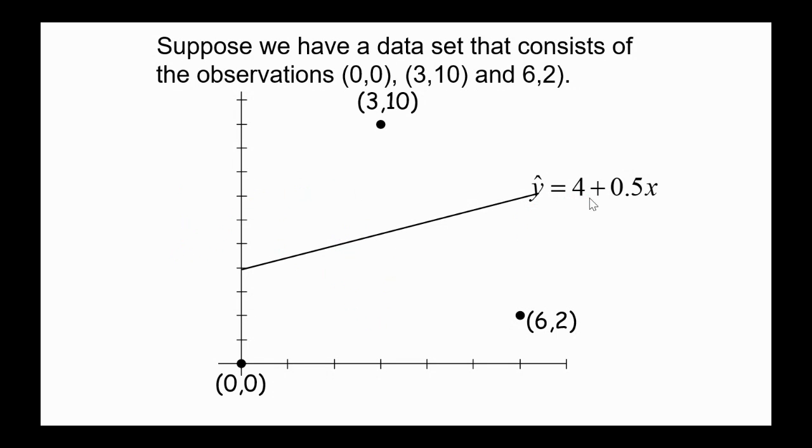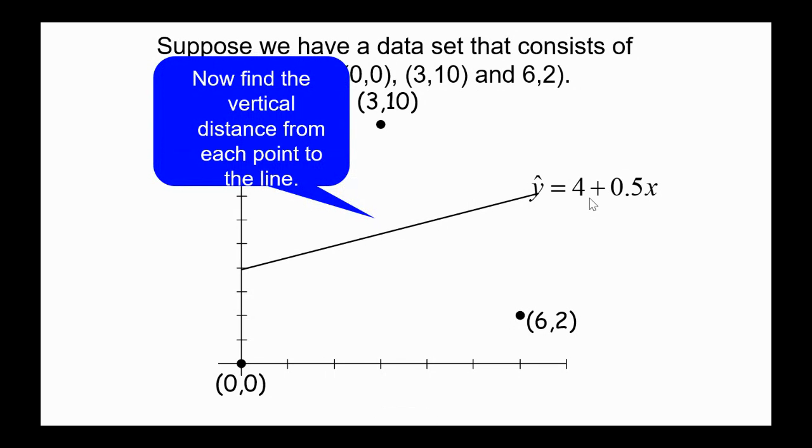Okay, once we get the line drawn, let's find the vertical distance from each point to the line itself. Actually, I said that backwards. From the line to the points.